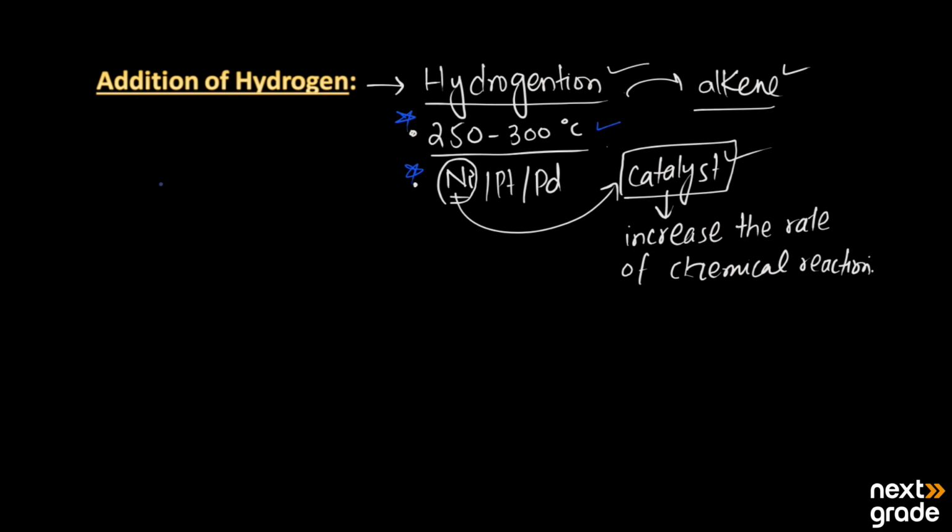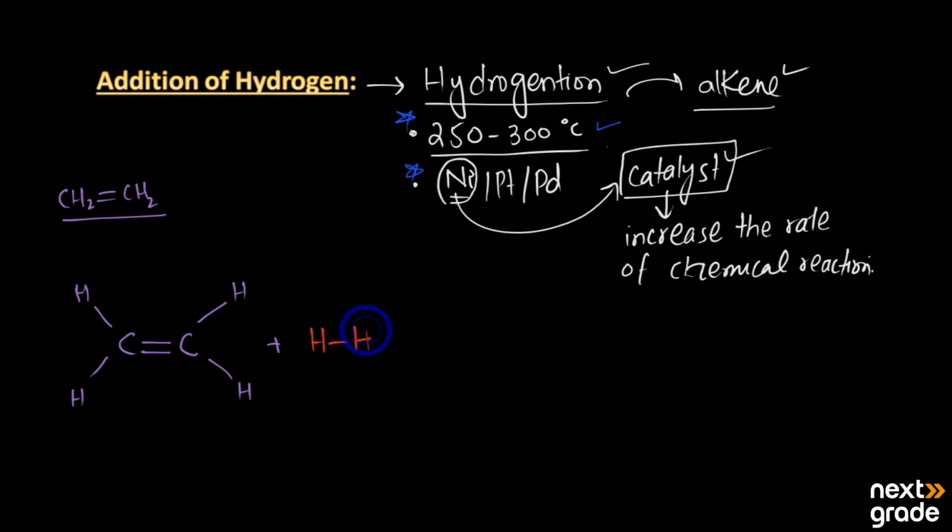So let's have a look at how this chemical reaction takes place. For the chemical reaction we have a simple alkene, ethene, CH2=CH2. I will write here the condensed formula CH2=CH2, and this is the structural formula. When we add hydrogen, we have H2.